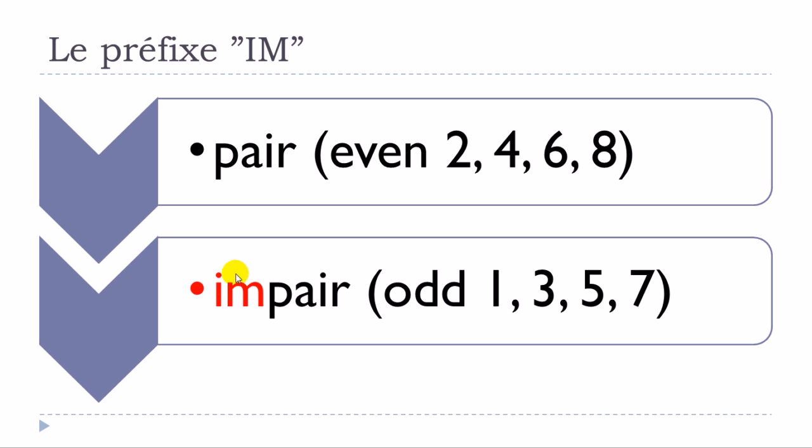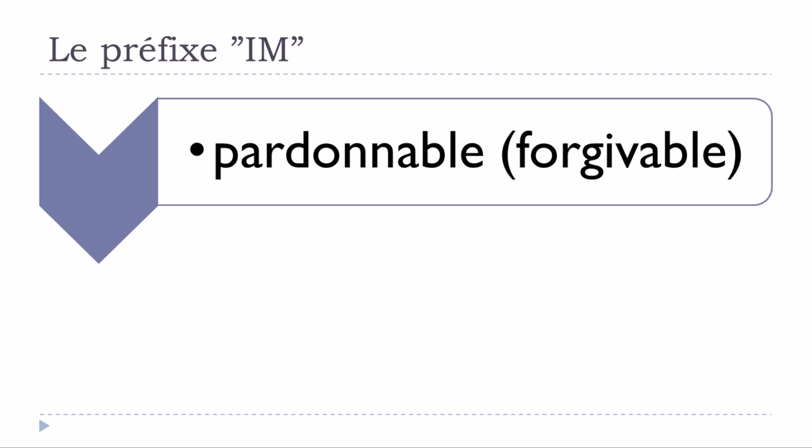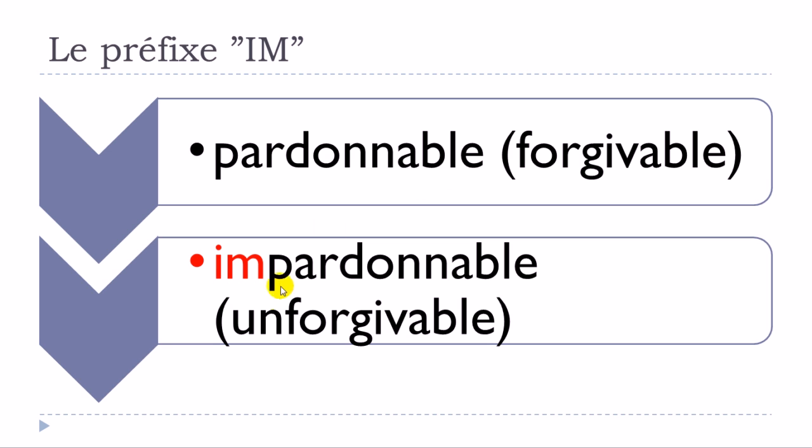So you put im, and then after that the rest, impair. Pardonnable. Same rule, same way of working. im in front. Impardonnable.